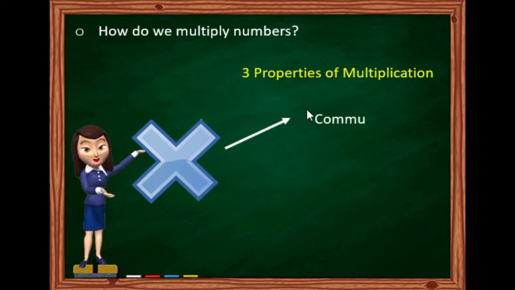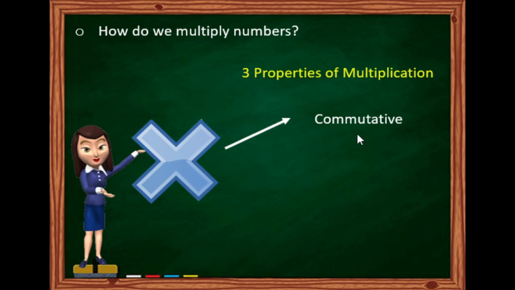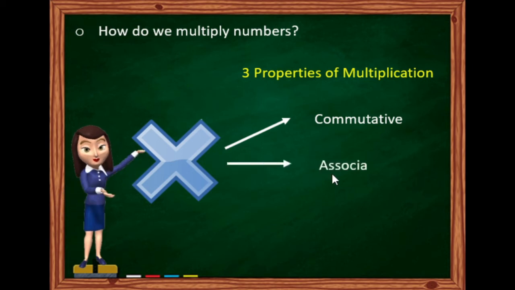First, we have commutative. Everybody, repeat after me. Commutative. Very good. Next, everybody say associative.